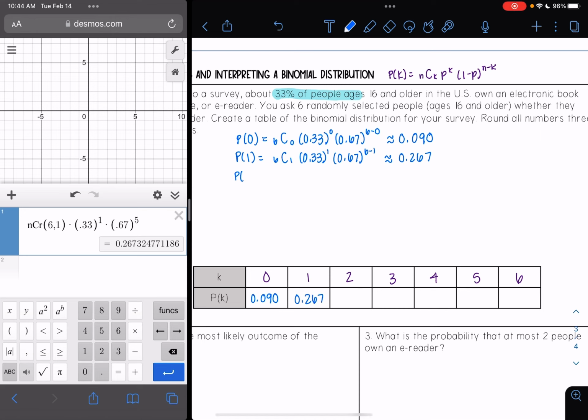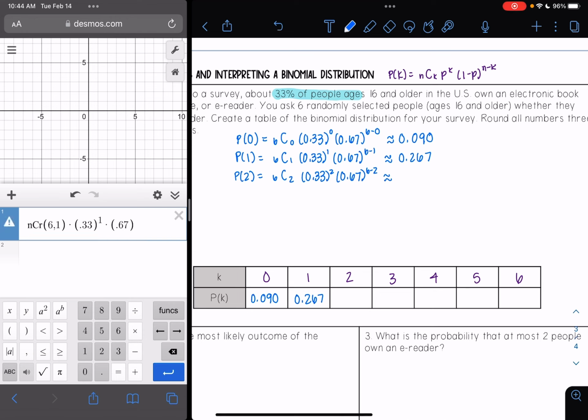And I want to keep going in this manner. So now I have 6C2, 0.33 raised to the second power, 0.67 raised to the 6 minus 2. So 6 minus 2, I get 4, and the exponent on 0.33 changed to 2. And so I get approximately 0.329.